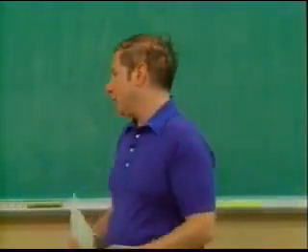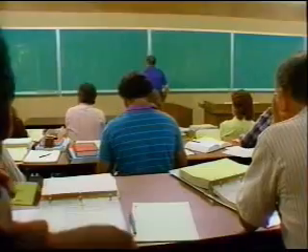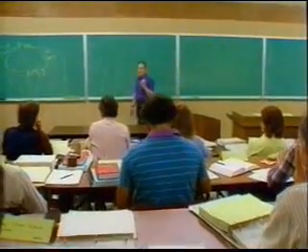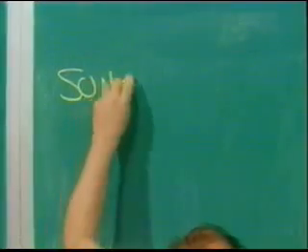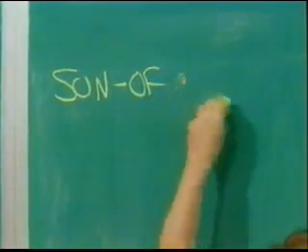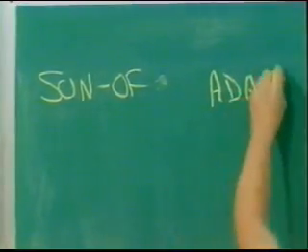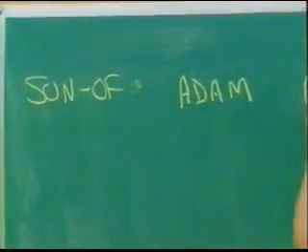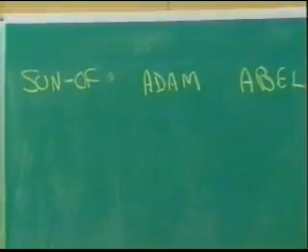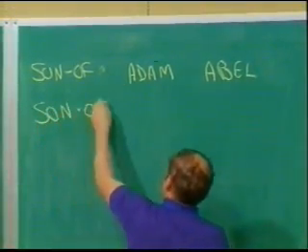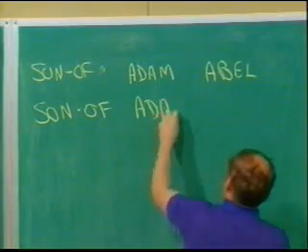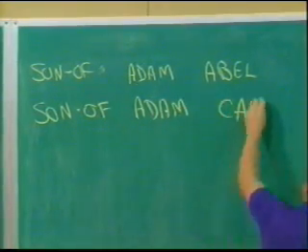So for instance, I might go up to this program and start telling it some things. So I might tell it that the son of Adam is Abel. And I might tell it that the son of Adam is Cain.